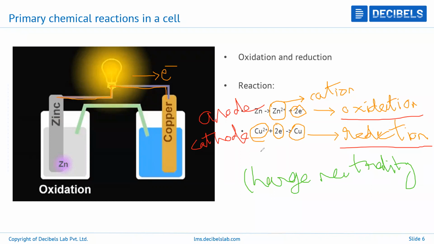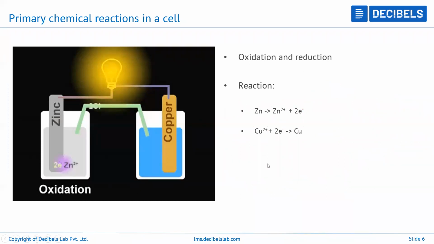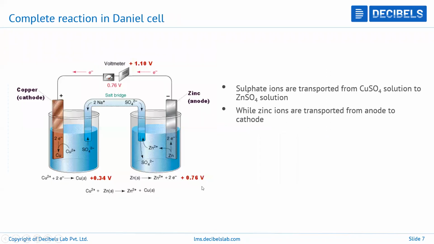Okay, so with these reactions in mind, we will then proceed to a few examples. Here you can see a complete workup of the Daniell cell, the complete split-up of the reactions. Starting with zinc as the anode, zinc is split into a zinc ion and 2 electrons.